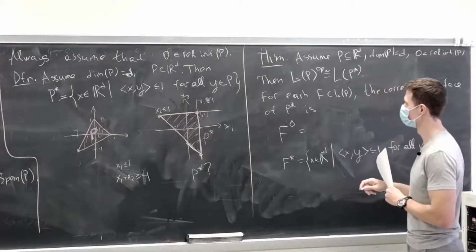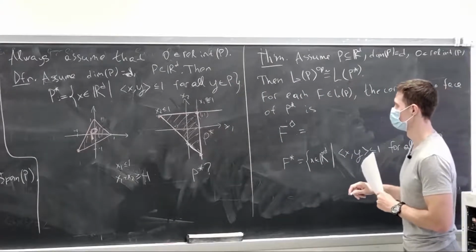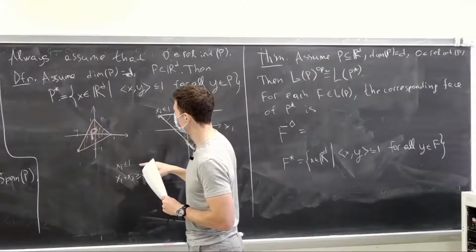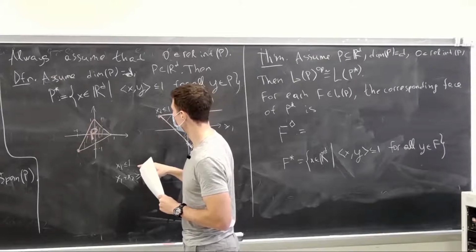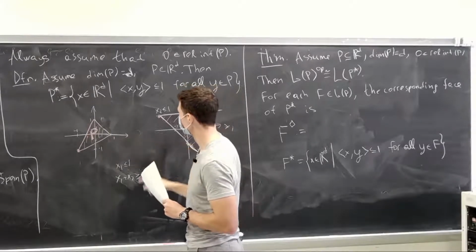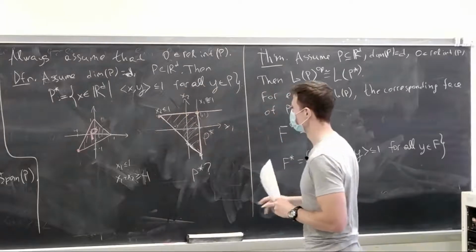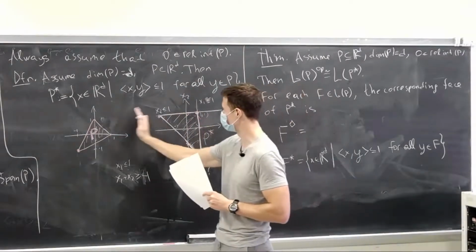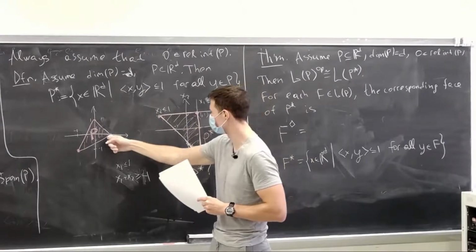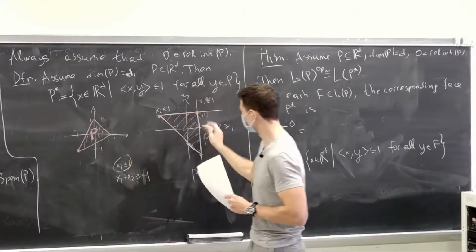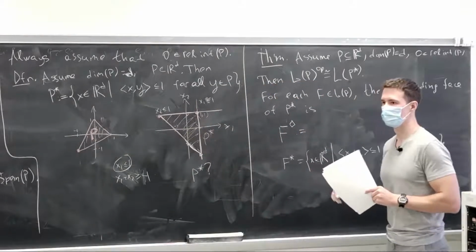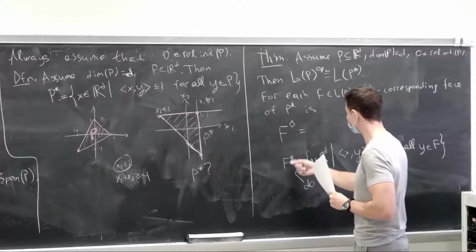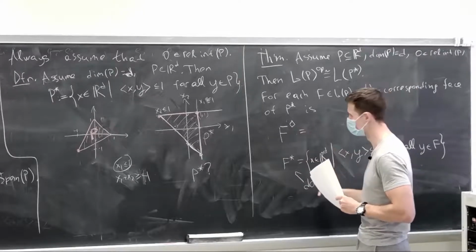That's sort of a problem. Let's see what happens if I take this vertex, then the corresponding F star would be the whole half plane here, right? I'm just going to have one inequality of this form, so I'm going to get the whole half plane. So this is a very natural guess, and it doesn't work, and that's why I need a different notation.